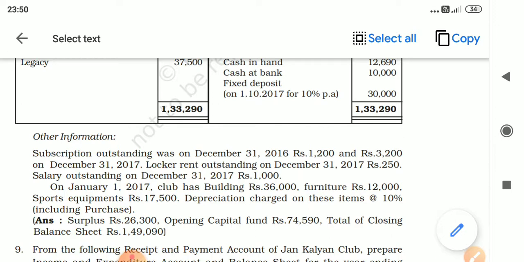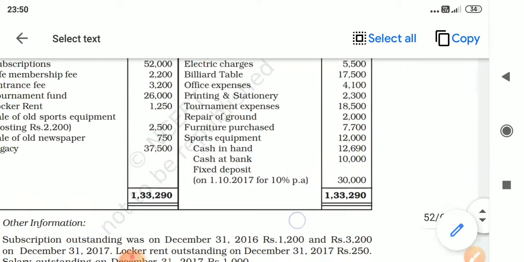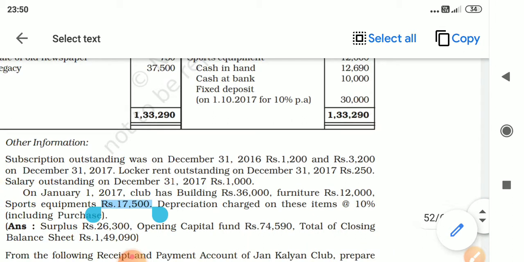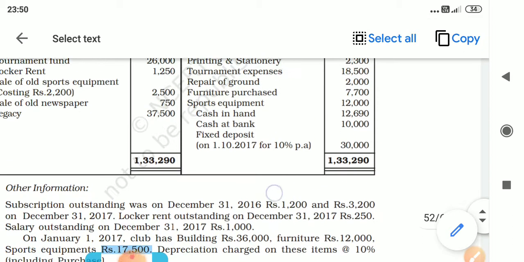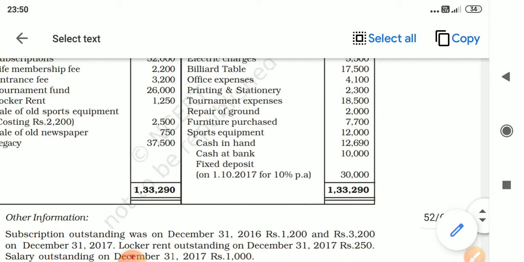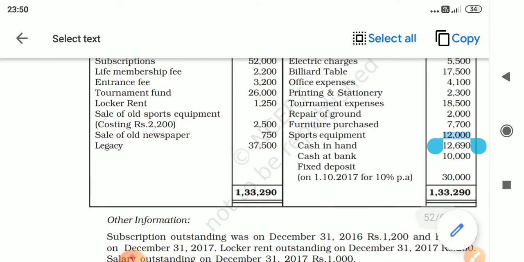Now, I was talking about sports equipment opening balance 17,500. So this 17,500 will come in the opening balance sheet. Opening balance sheet is over. So 17,500 plus sports equipment purchased 12,000 minus sports equipment sold.